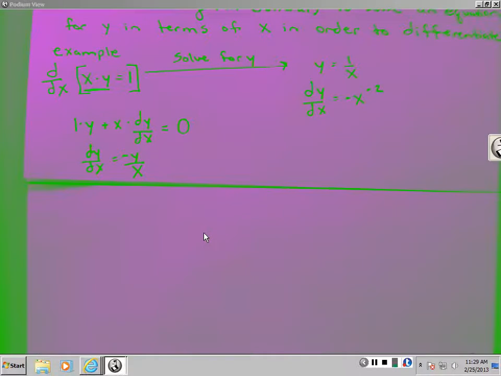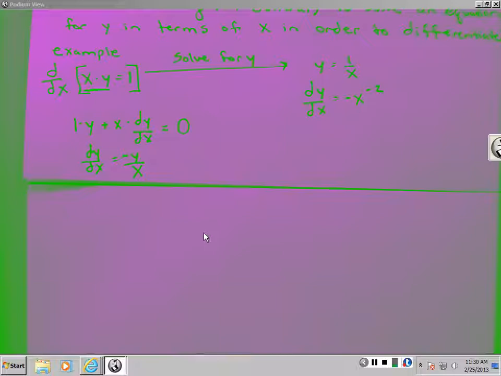I took the minus y over here, divided by x, and I got dy dx. So does this look like this? Not exactly, right? This is y over x, and this is minus x to the minus 2. But could I write y as a function of x? Sure I can. I did it right here, right?